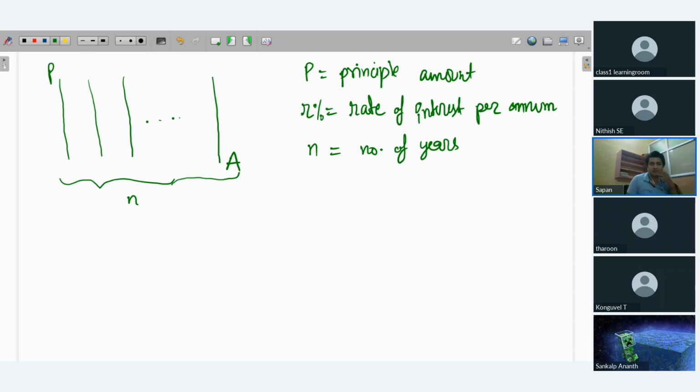You know the procedure from the last 2 classes was very cumbersome, where every year's amount we take as the principal for the next year. There is a direct method also to get the amount at the end of the nth year. Why did we do it in the previous class, sir?